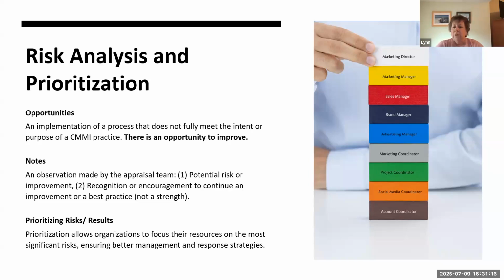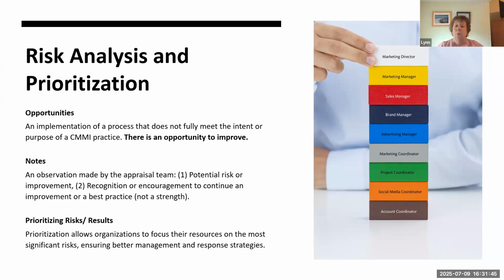Now, the notes, they're not strengths, not opportunities. They're just a little bit more information that we want to give the organization. And there are 2 flavors to these notes. One is a note that, okay, it's not an opportunity. You met the intent of the model, but we're a little bit concerned, should you lose someone.